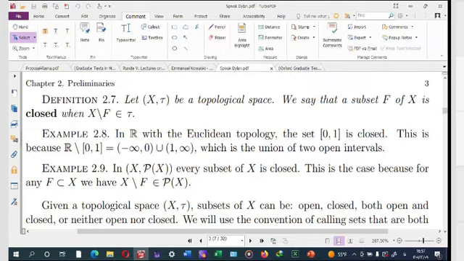And we have this definition: let X and tau be a topological space. We say that a subset F of X is closed when the complement of F with respect to X belongs to tau.